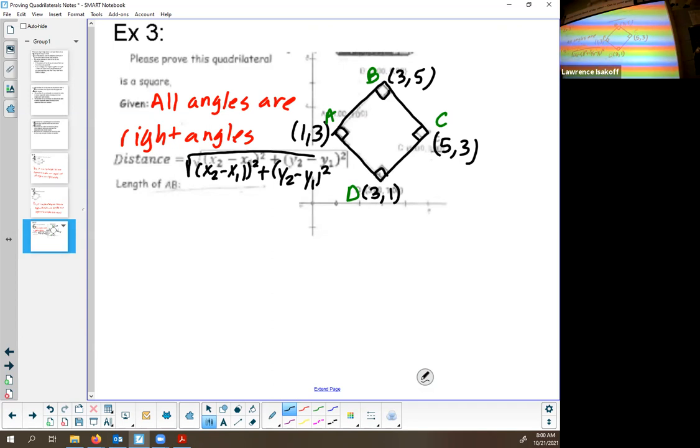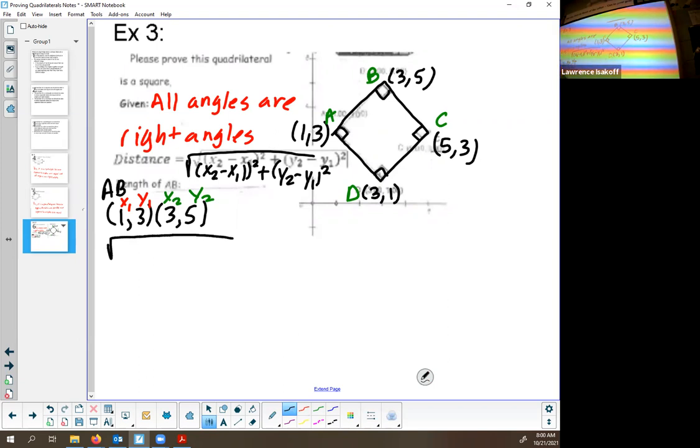So first, the length of AB. So that is the points (1, 3) and (3, 5). Remember, x1, y1, x2, y2. Let's just work on plugging this in.